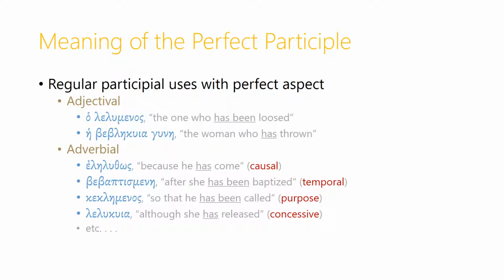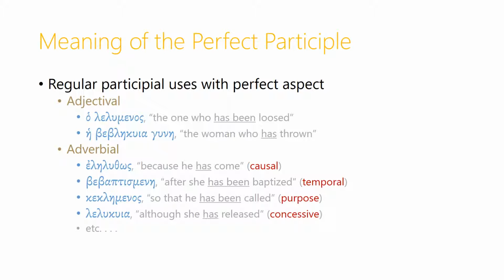You notice that the "has" is used in the translation to indicate that idea of a past action with continuing present consequences. But aside from that, there's nothing surprising about that translation of an adjectival substantival participle.